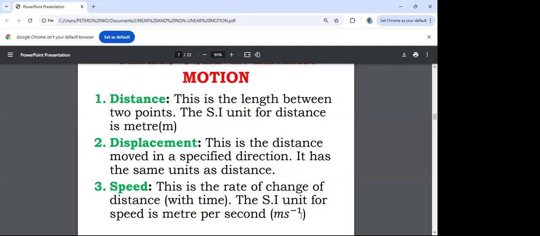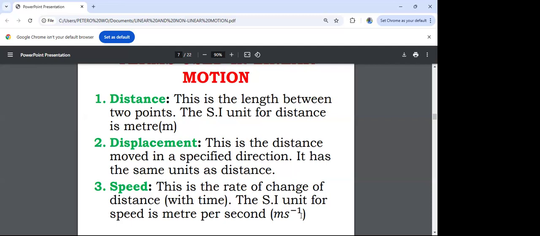Displacement is a vector quantity because it has both size and direction, because we have defined it also as the distance moved in a specified direction. The SI units are the same, displacement and distance.